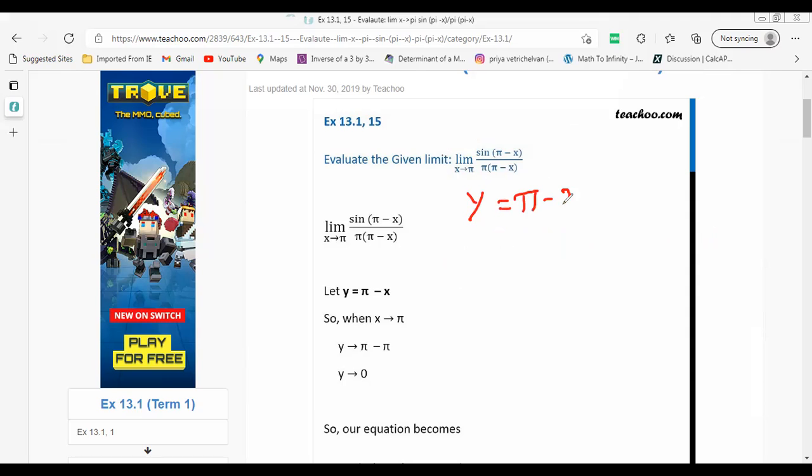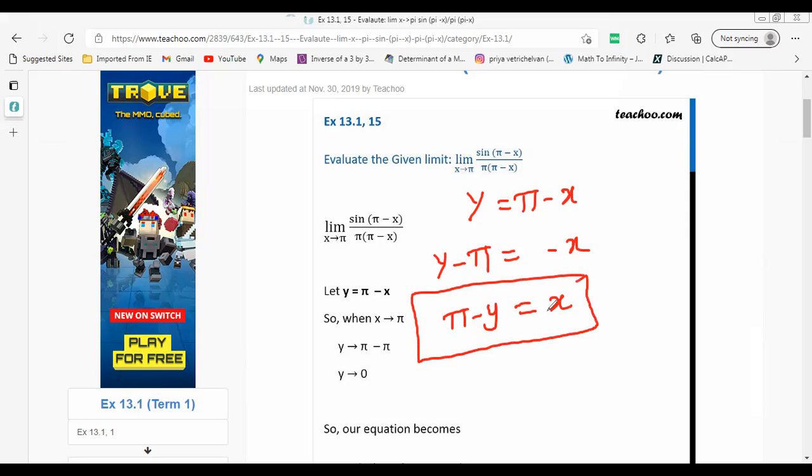So y is pi minus x, right? You need to find the value of x. So for finding the value of x, just keep the x alone and take the pi to the left hand side. It will become y minus pi, and multiply by minus on both the sides. This will turn into pi minus y. So this is x. So you can write it like pi minus y approaches pi. I have substituted the value of x here. Is it clear?